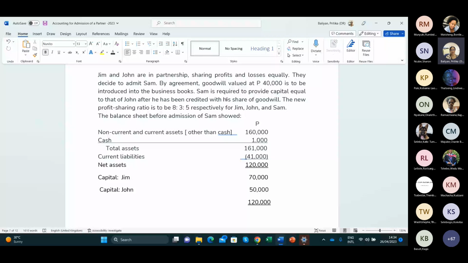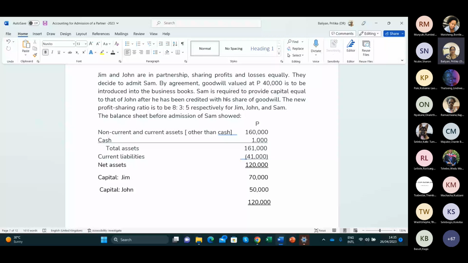So when they were joining the new partner, at that time they did the valuation of their share and asset and found out the goodwill of the business, which was 40,000. So this is the amount of goodwill before the new partner joined. It is not the goodwill brought by the new partner. So it is the previous goodwill. That's why it has been shared equally by the old partners. The goodwill can be shared with the new partner if it is brought by the new partner.